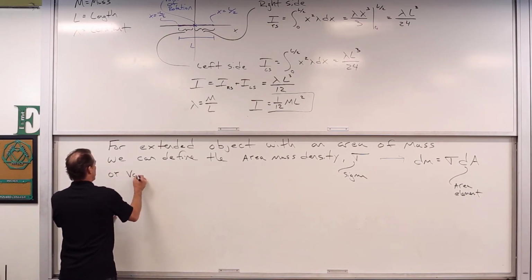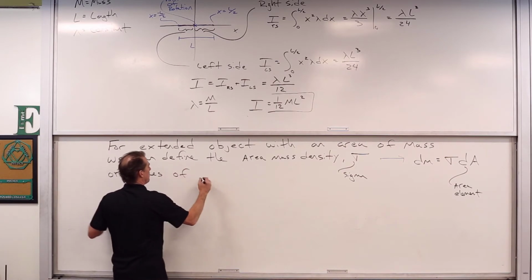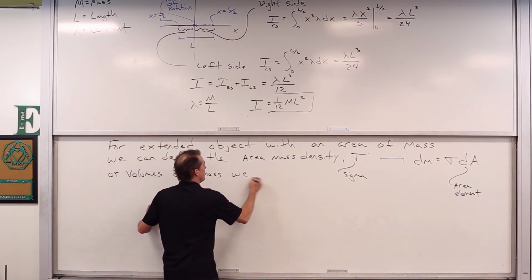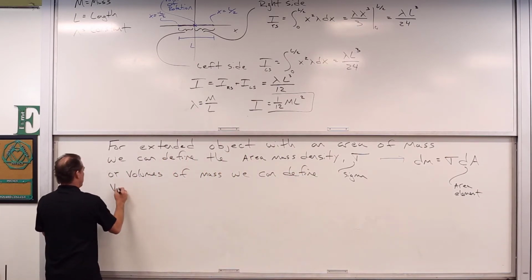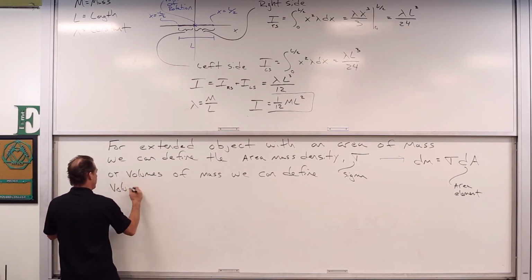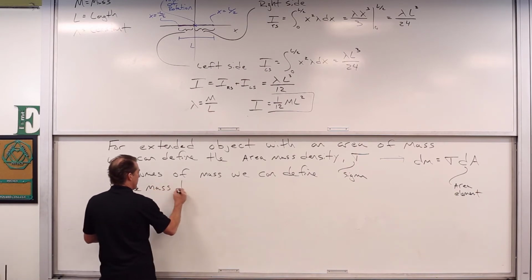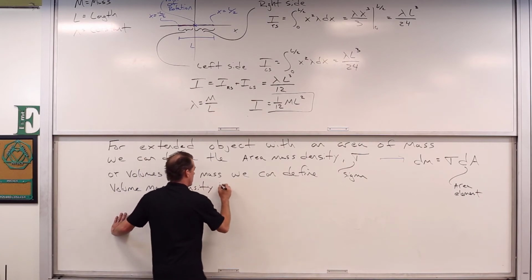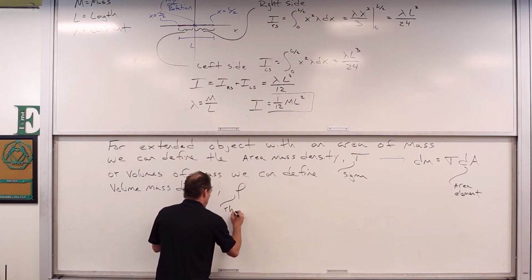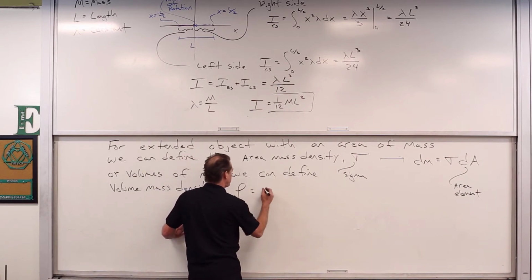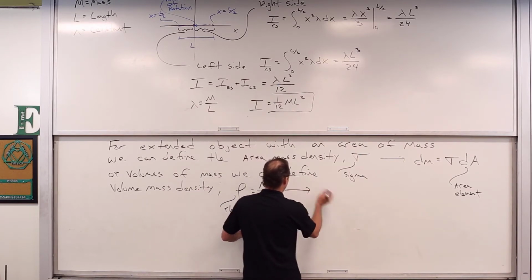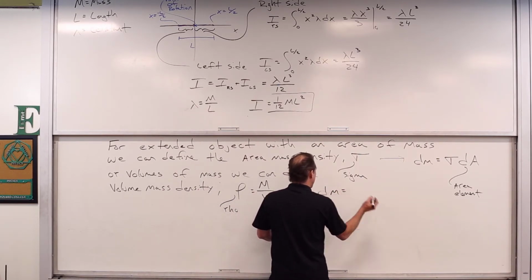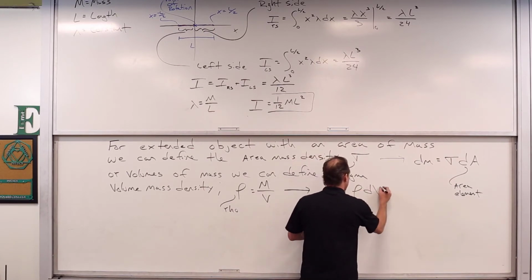Or volume, we can define volume mass density, rho, there's my rho, which is the mass per unit volume, and I can write that as the mass element is rho times dV.